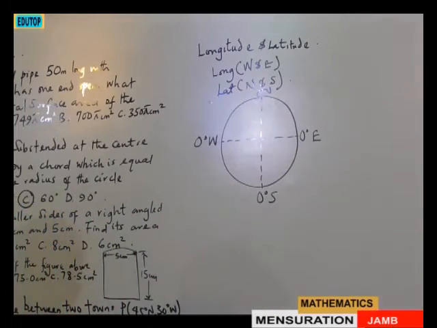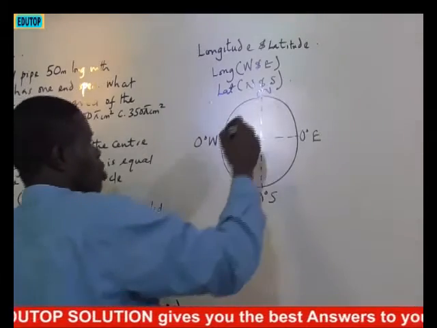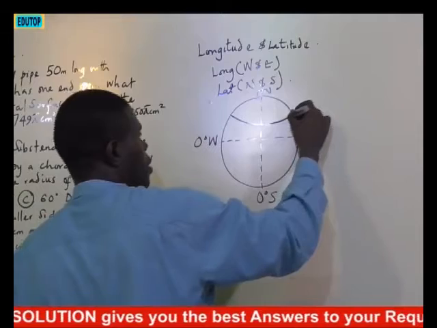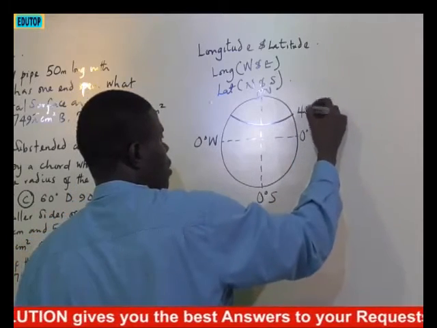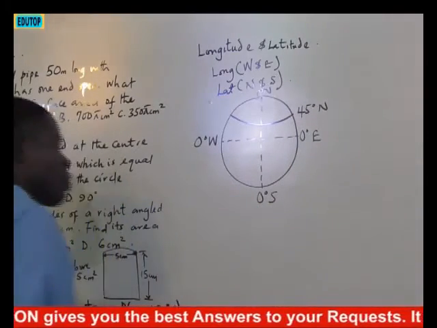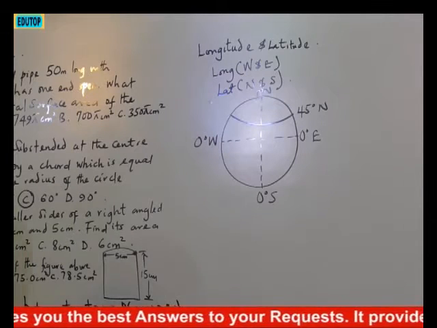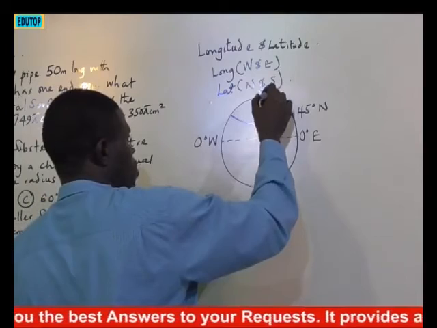So in this situation, we have our point P, which is 45 degree north. So it will be somewhere here. 45 degree north. Then we also have 30 degree west. So 30 degree west will be towards this direction.